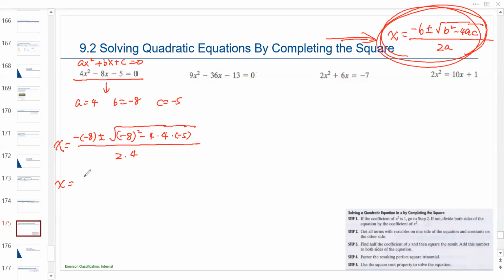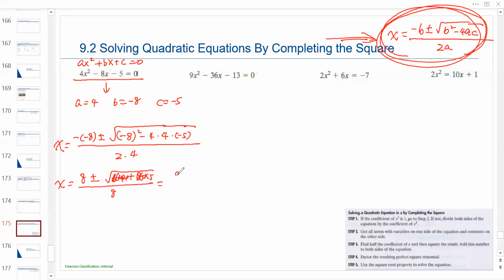So what do we get? Here is 8, right? Plus minus square root of 64 plus 80. Here is 16, 80, right? Divided by 8. All right, so what do you get? Actually, here is 16 times 4, 16 times 5, so 16 times 9, right? You get 12.